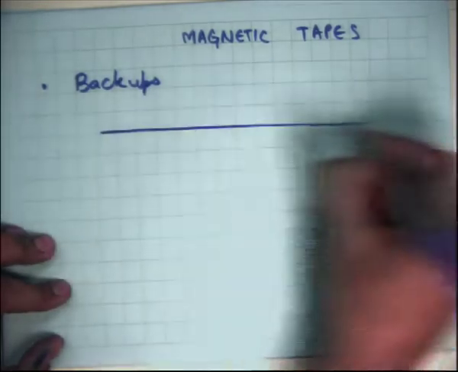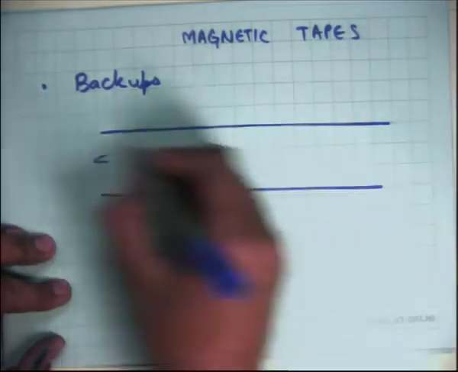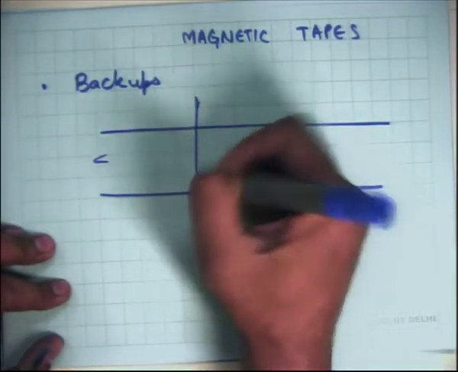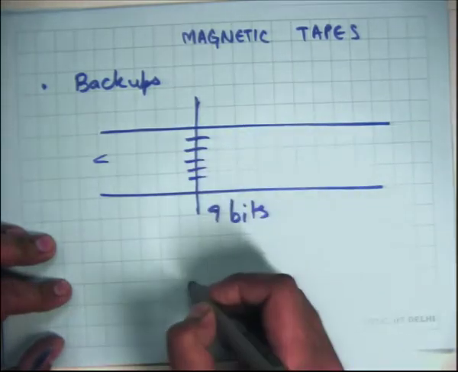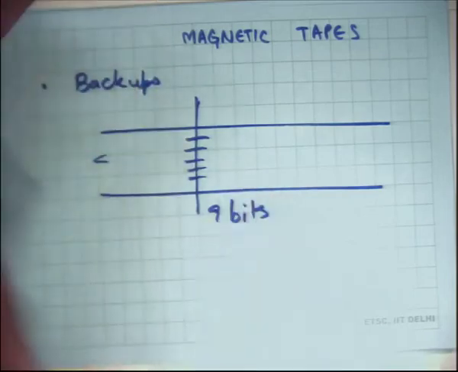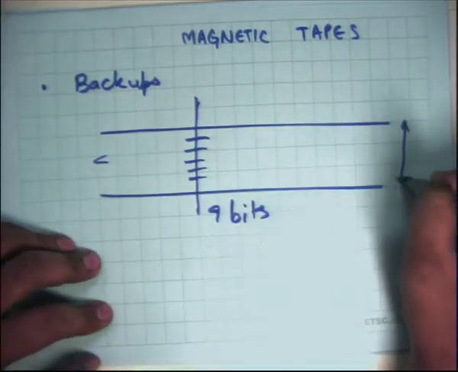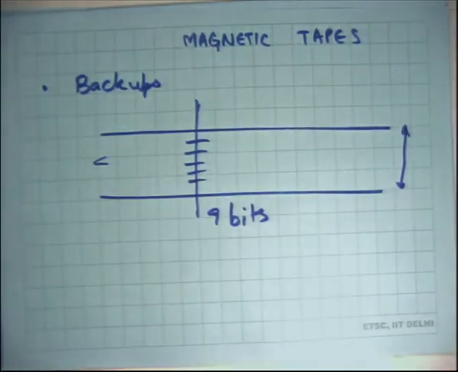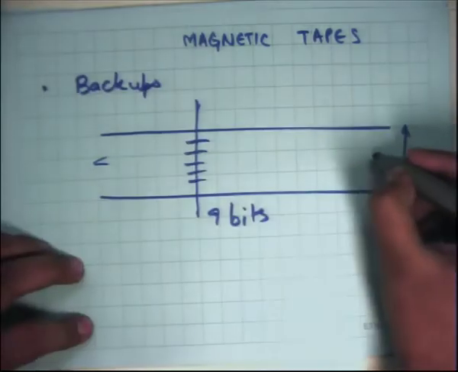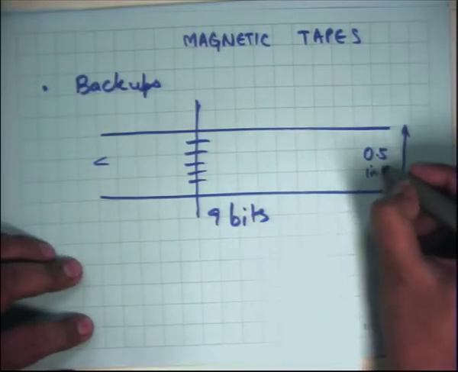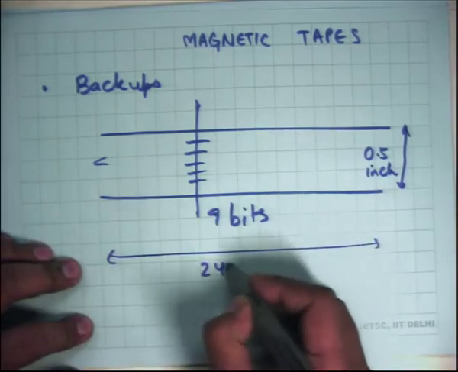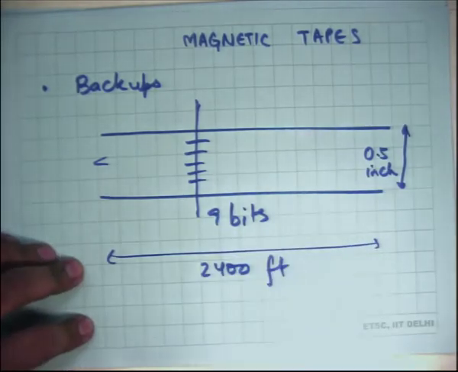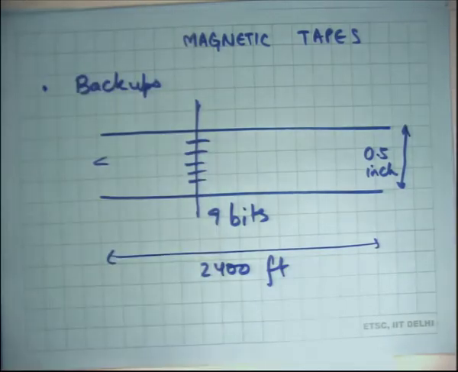So let's say this is a tape, then it has 9 bits of storage in one cross section. It's roughly 0.5 inch, half an inch wide, and the length can be very large, up to 2400 feet, let's say.